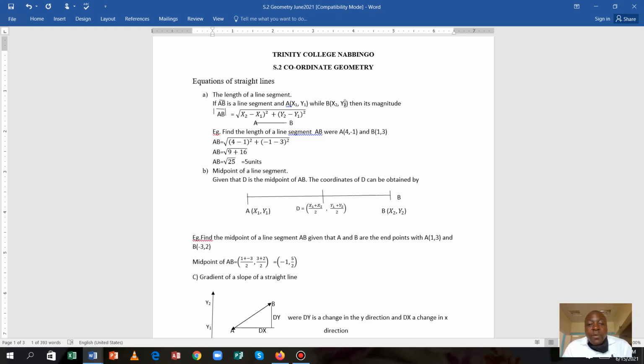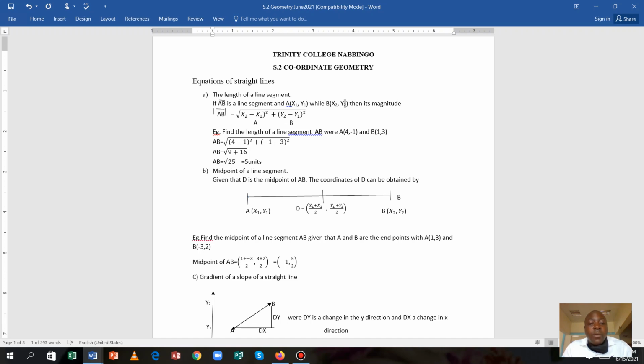In the example, when we put in the coordinates, A has 4, -1, B has 1, 3. So when we come to get the magnitude of AB, we subtract the x coordinates and we square, 4 minus 1 squared plus the difference in the y coordinates, -1 minus 3 squared, giving us 9 plus 16. 16 is a result of -4 being squared.